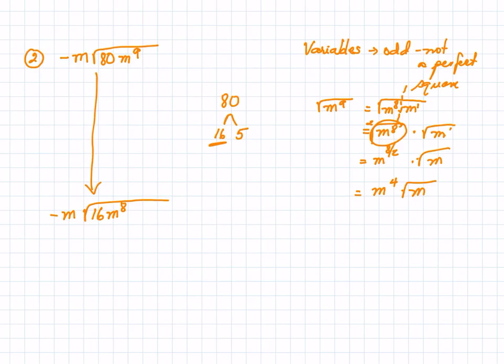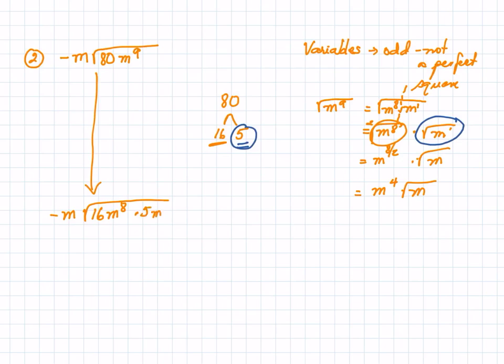If I'm trying to pair it together with a perfect square, the 5 over here is not a perfect square. The m to the first right here is not a perfect square. So I'm going to pair together the 5. I'm going to pair m to the first.